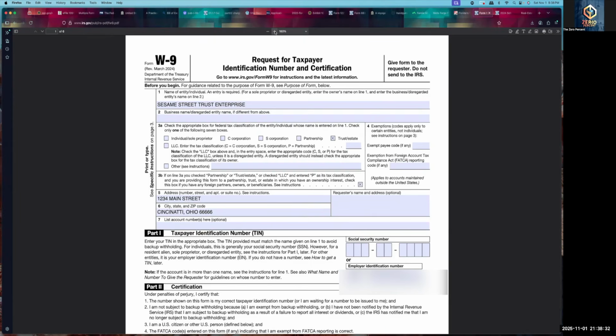But anyway, in the W-9 application, on line 1, it asks you for the name of the entity or the individual. So we are talking about the trust enterprise here. In this example, we have Sesame Street Trust Enterprise. It would be nice to enter our doing business as name here in box number 2. But again, we do not want to provide additional information that is going to confuse the bank teller.